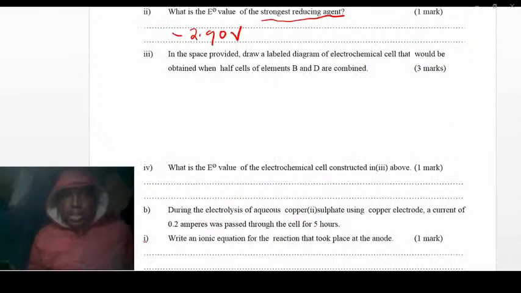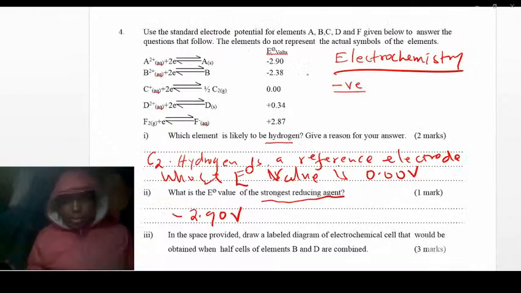In the space provided, draw a labelled diagram of the cell obtained when B and D combine. Now look at B. B is negative 2.38. D is positive 0.34. So it means when we are drawing, B is going to give electrons and D is going to receive electrons.